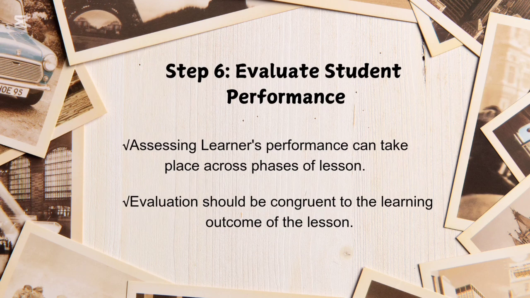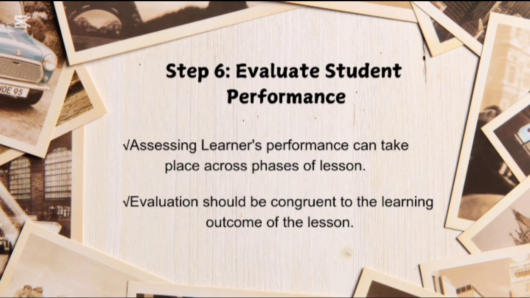Step 6. Evaluating student performance. The first, assessing learners' performance can take place across phases of the lesson. The next is that evaluation should be tied to the learning outcome of the lesson. So, evaluating student performance.